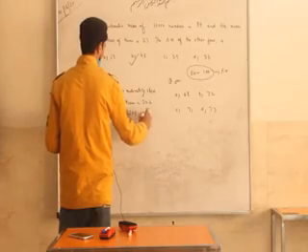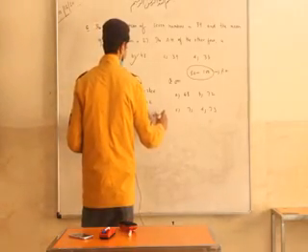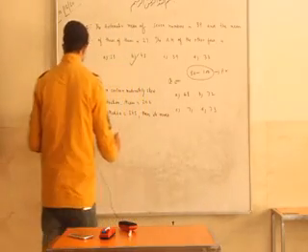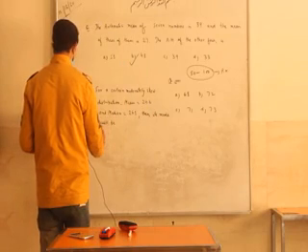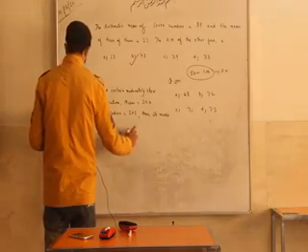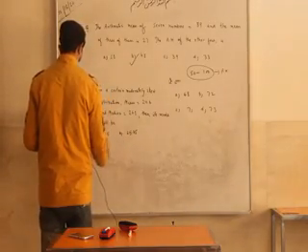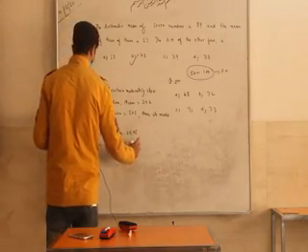Then its mode will be: option A 1.5, option B 25.35, C is 29 and D is 50.7.